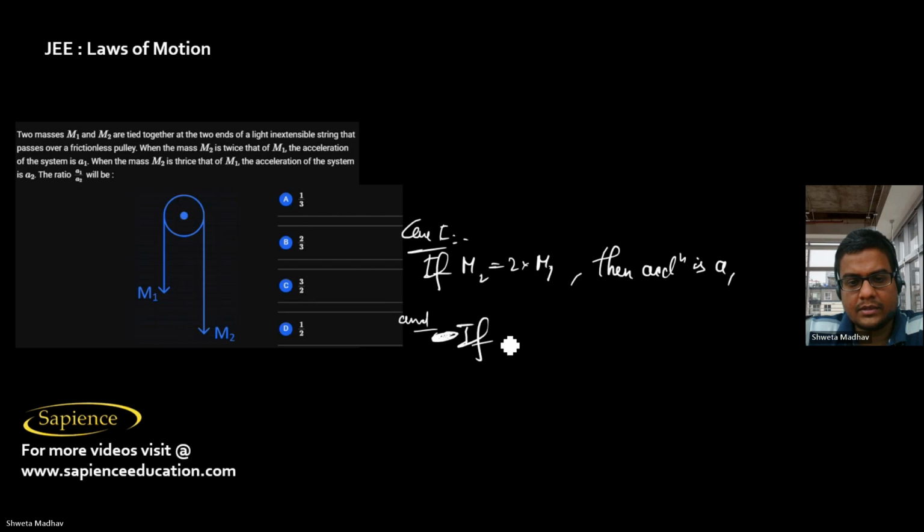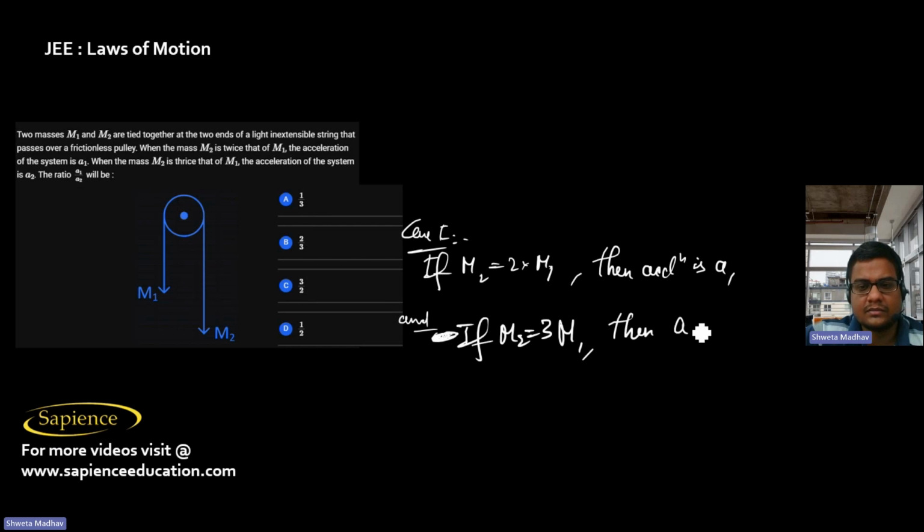In case 2, m2 is 3 times m1, and the acceleration of the system is a2. We have to find the value of a1 by a2.